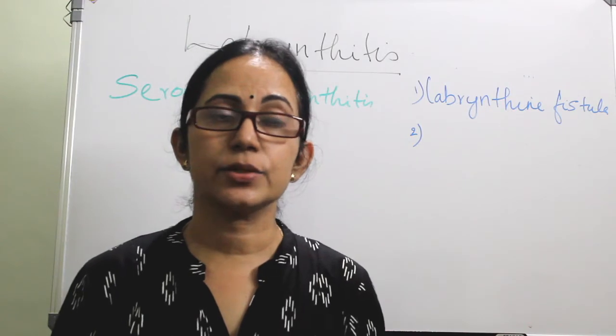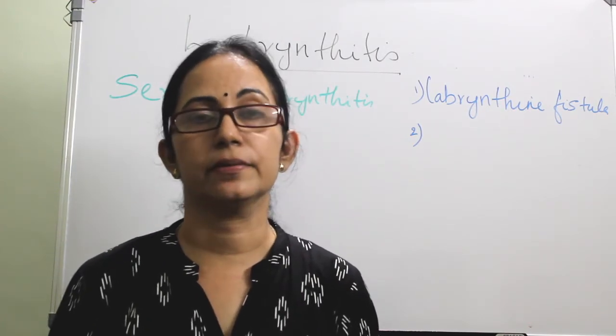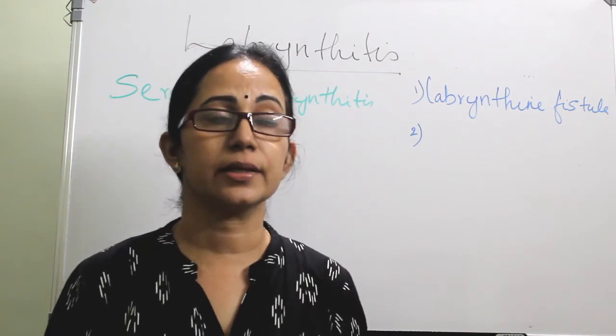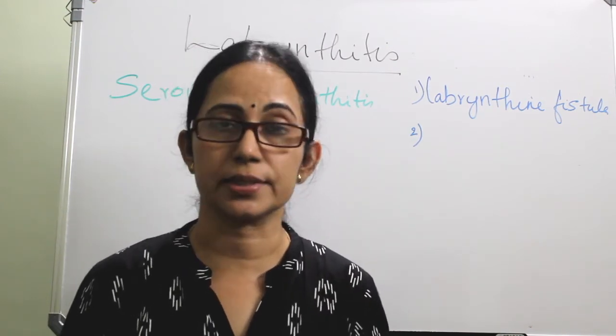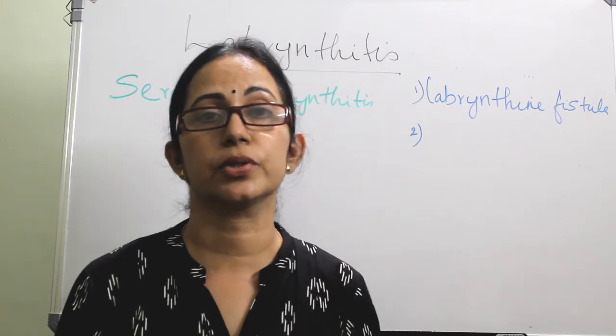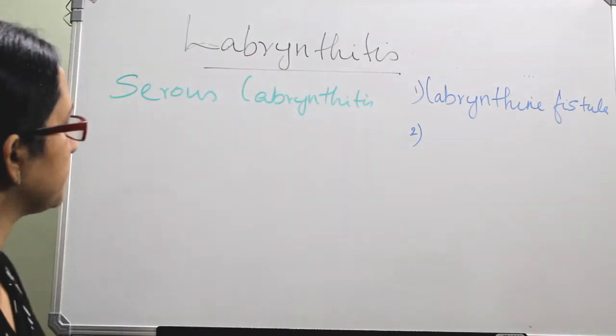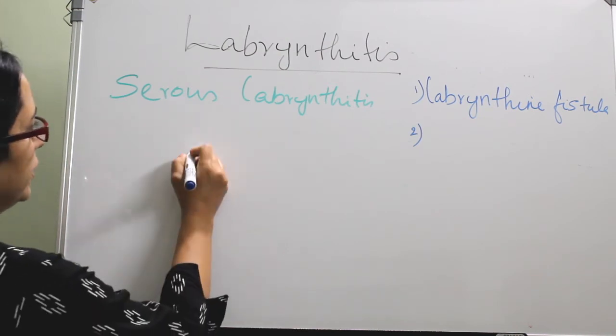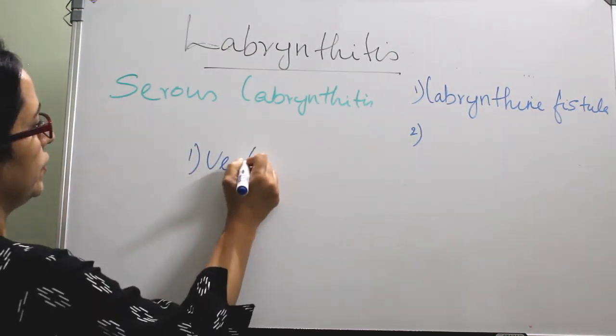It is a transient non-purulent inflammation of the labyrinth which does not cause any permanent damage to the inner ear. And if at all it causes vertigo or sensorineural hearing loss, it is usually reversible. Usually there will be vertigo.